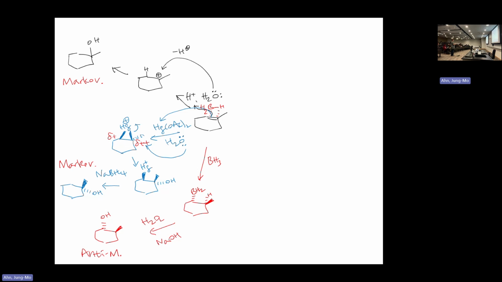That will put an OH on the less substituted side, so we call this anti-Markovnikov products, right? Stereochemistry different and regiochemistry different at the same time.